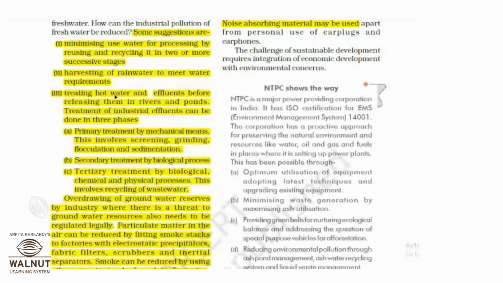Then treating hot water and effluents before releasing them in rivers and ponds. This can be easily remembered. Then making sure that too much of underground water reserves are not used. So you should have some legal provisions or laws in place which will curb the use of underground water.